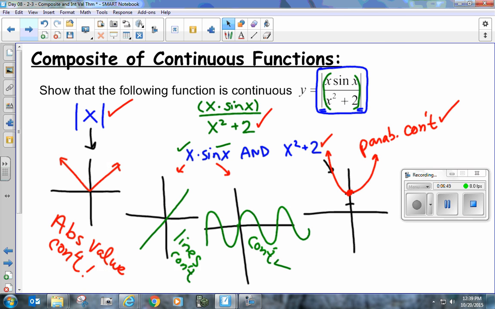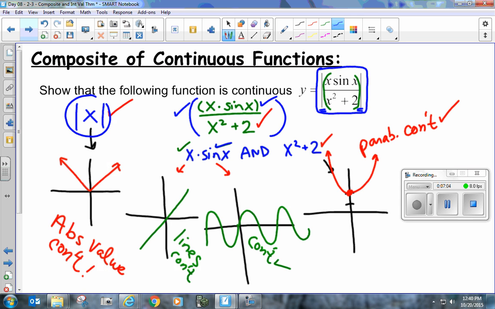If x and sine of x are continuous, then the numerator is continuous. If the numerator and denominator are continuous, this whole fraction is continuous. If the whole fraction is continuous, and we put it inside a continuous function, like absolute value bars, then the whole thing is continuous.